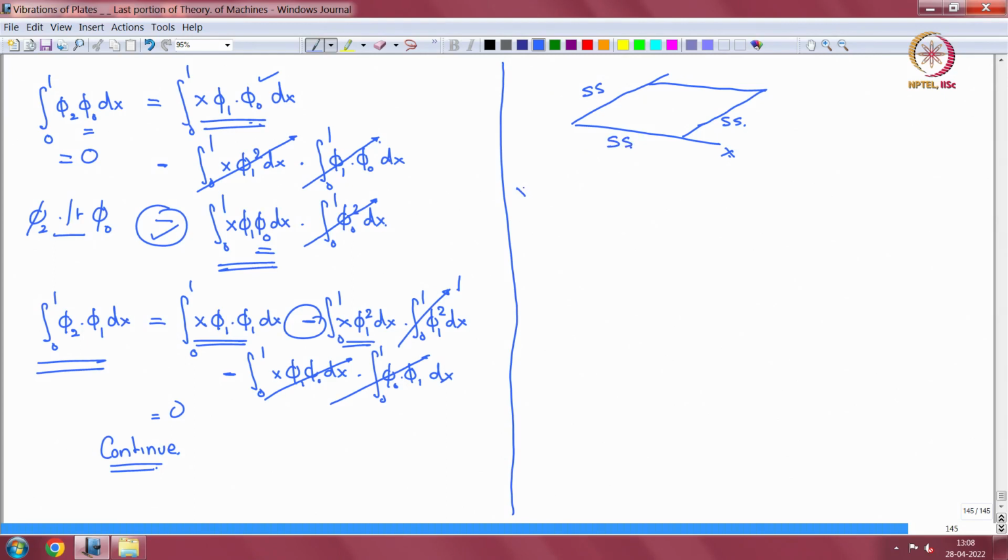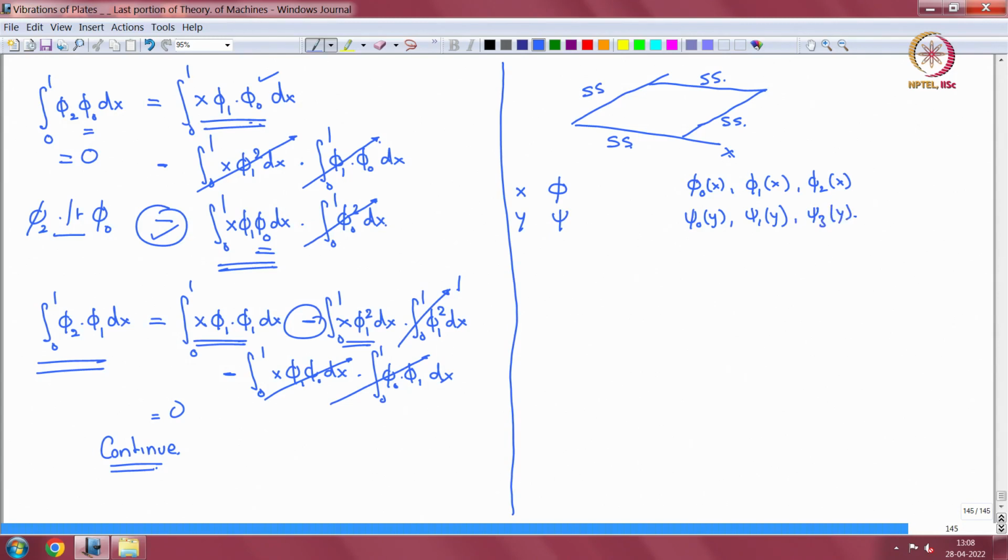Let us say the x direction functions are called phi's, and the y direction functions are called chi's. So in y also I found functions that are simply supported: chi 1, chi 2, chi 3, etc. So suppose I have found phi 0 of x, phi 1 of x, and phi 2 of x, and in chi I found chi 0 of y, chi 1 of y, and chi 2 of y.